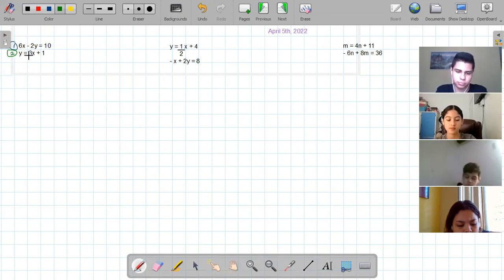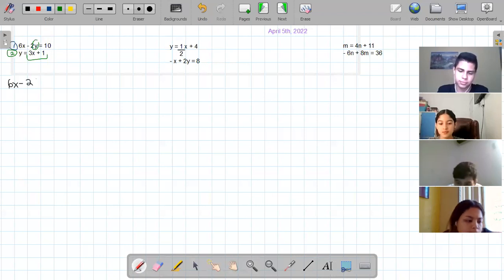So what are we going to do? We are going to substitute what y stands for in the y of equation 1. So we're going to have 6x minus 2, and instead of y, I'm placing what y stands for in equation 2, which is 3x plus 1, and that is equal to 10.